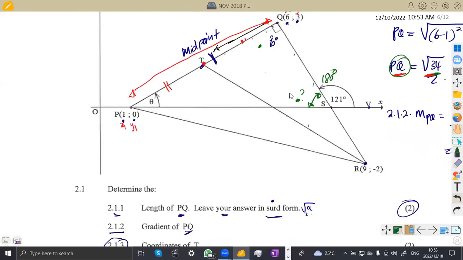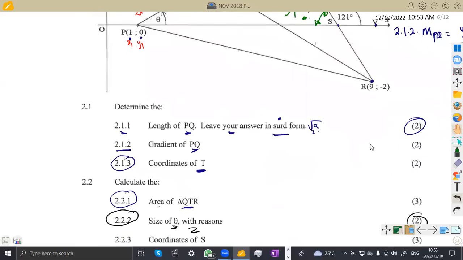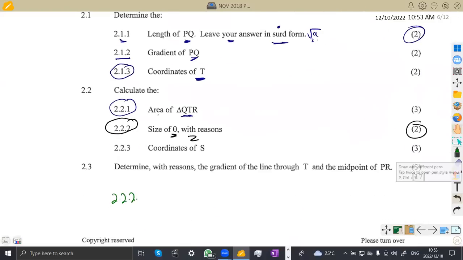So this angle is going to be 59 degrees inside the triangle. So that's angle PSQ. Angle PSQ is equal to 180 degrees minus 121, which gave us 59 degrees.